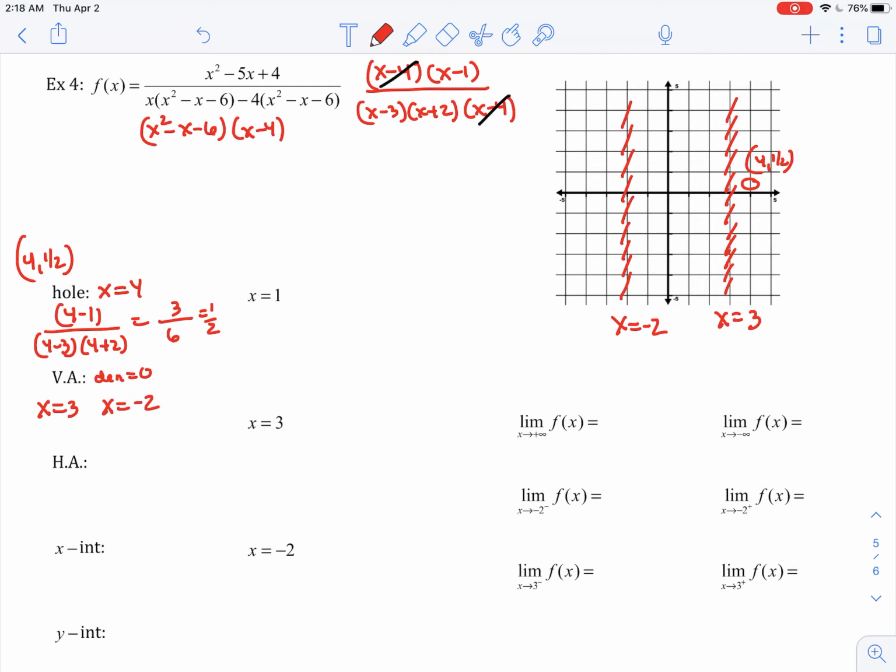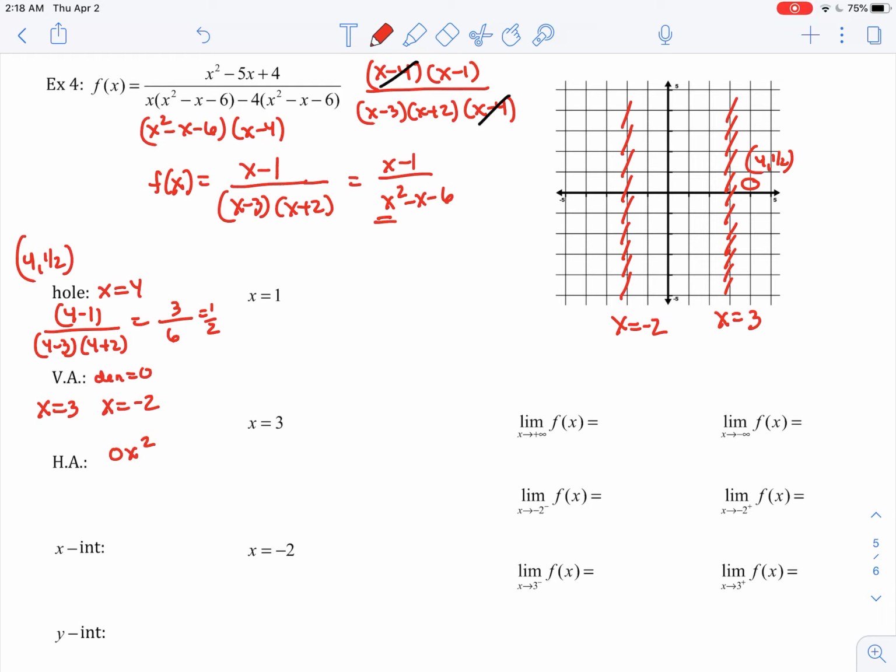Our horizontal asymptotes, we want to look at our highest degree of x. So if we're looking at our simplified equation here of x minus 1 over x minus 3, x plus 2, if we were to think of that multiplied out, we would really have an x squared minus x minus 6 in the denominator. Our highest degree of x is that x squared.